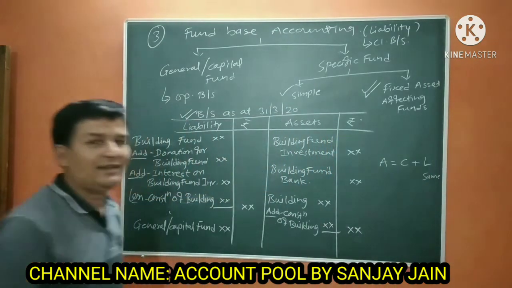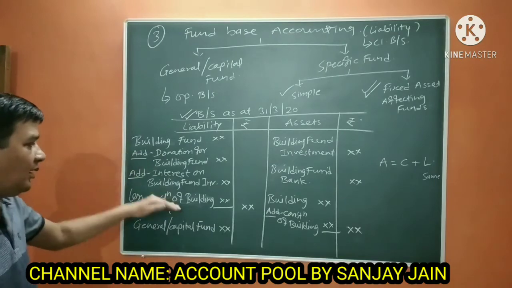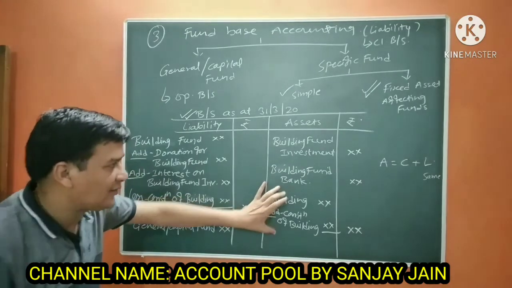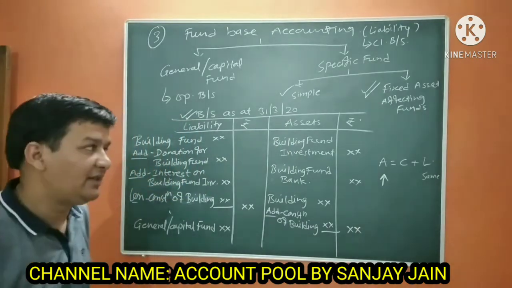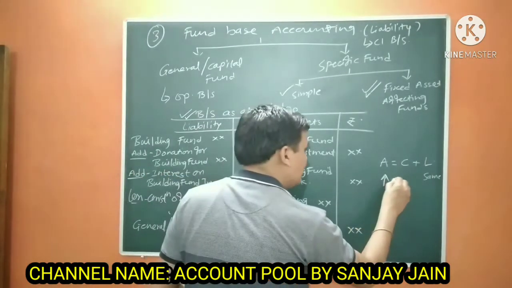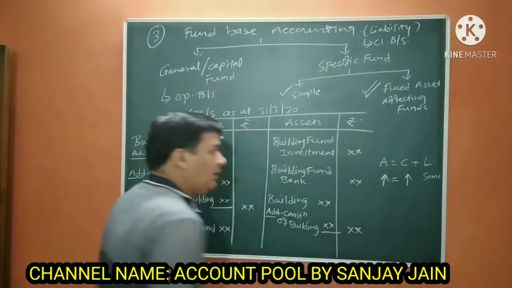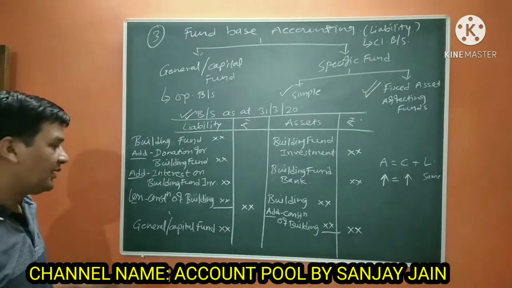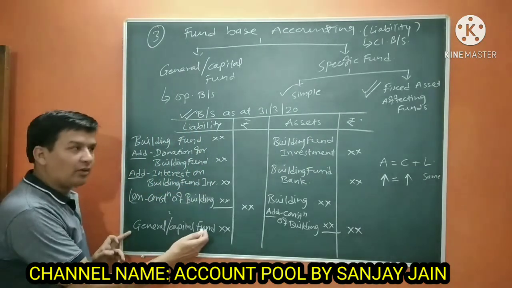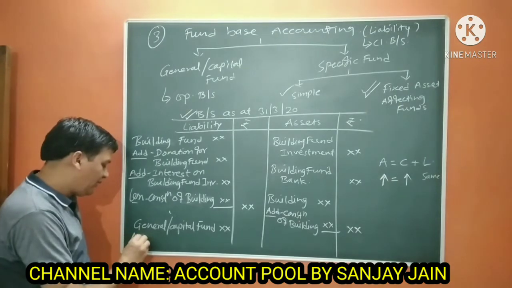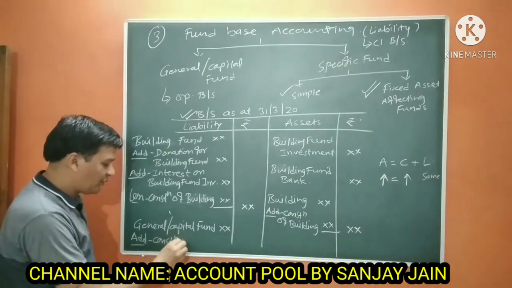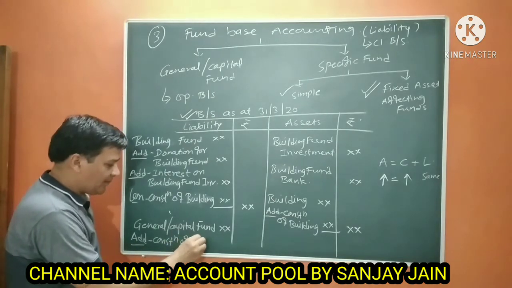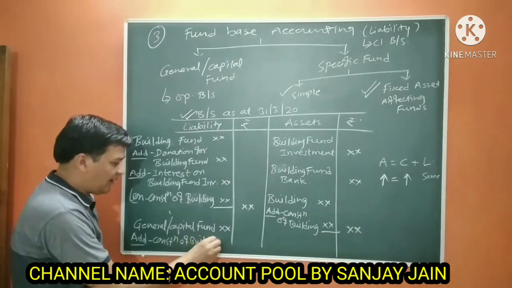When the liability is same and the value of asset has increased, according to the accounting equation, the capital will also increase. That means our capital fund or general fund is going to increase with the amount of construction of building, so you are going to add that same amount.